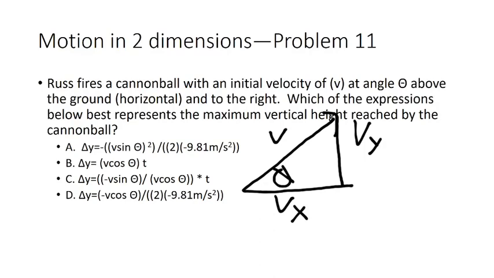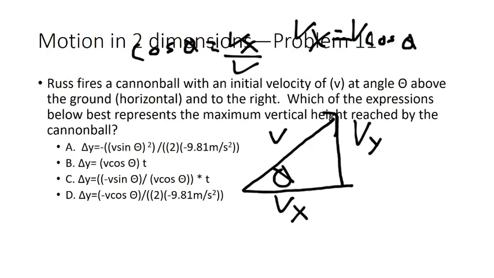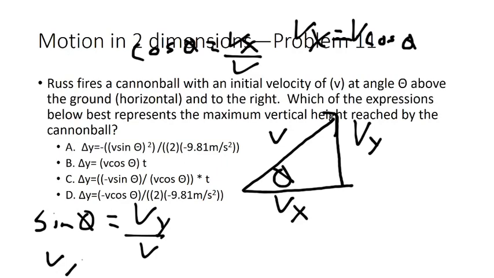So I could say that the cosine of theta is equal to the adjacent side, vx, over the hypotenuse, v, and I could rewrite that as vx equals v cosine theta. I could do the same thing for sine, so sine theta is equal to opposite vy over hypotenuse v. So vy is equal to v sine theta.